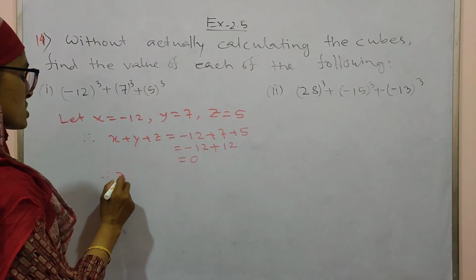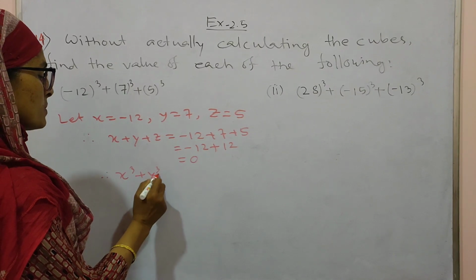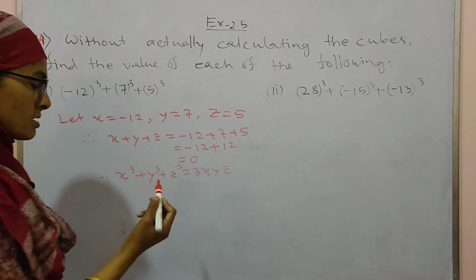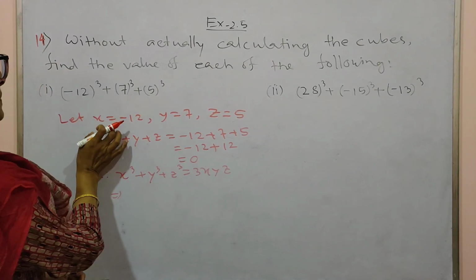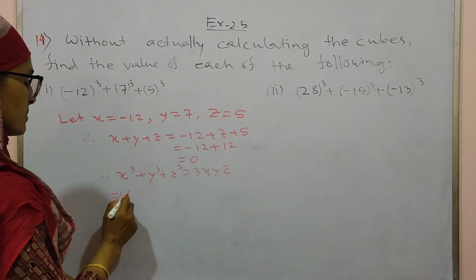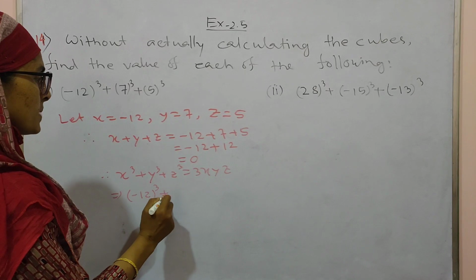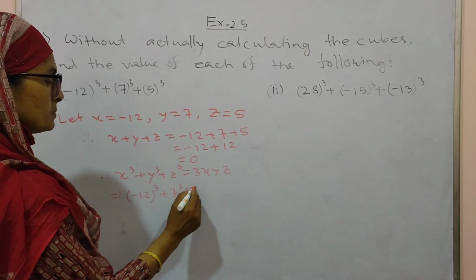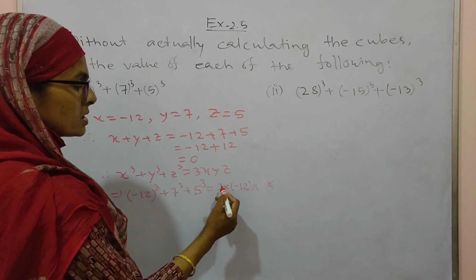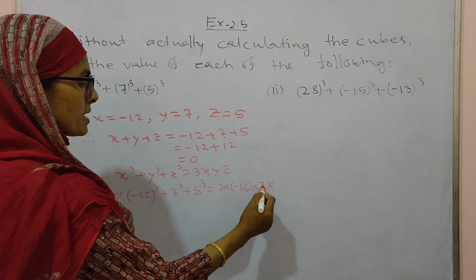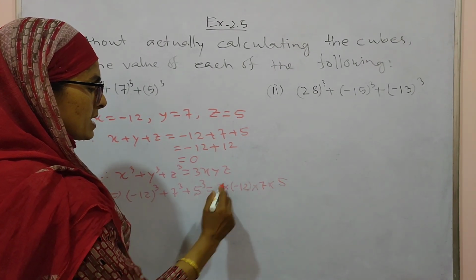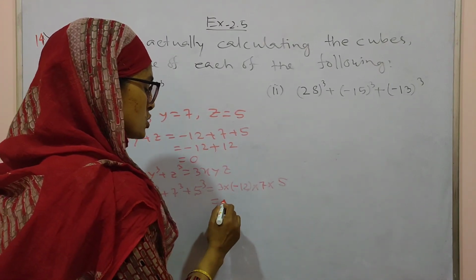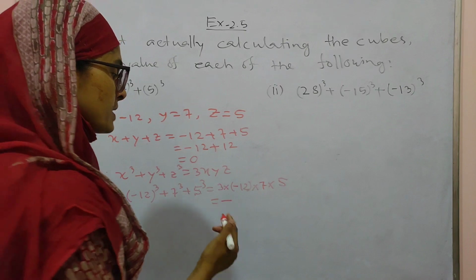Therefore, x cube plus y cube plus z cube equal to 3xyz. Put the values of x, y and z: minus 12 cube plus 7 cube plus 5 cube equals 3 into minus 12 into 7 into 5. Now multiply this. Here there is a minus symbol, so we have to give minus.